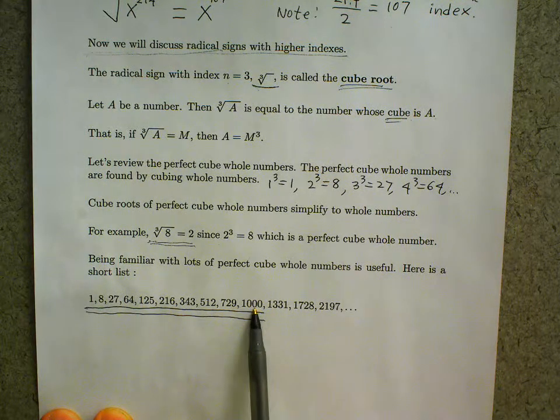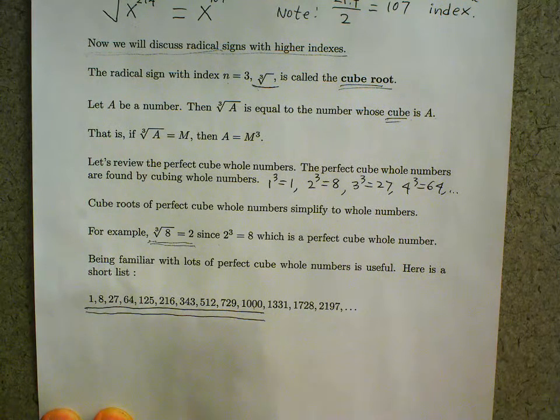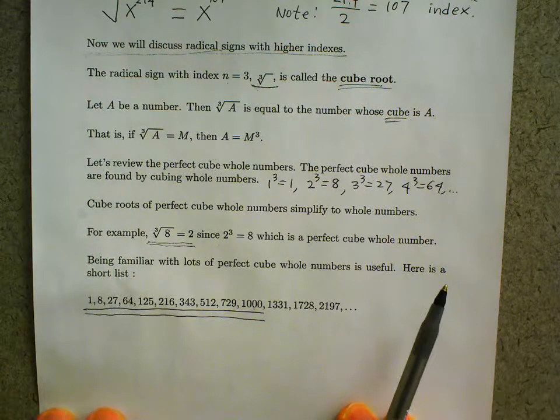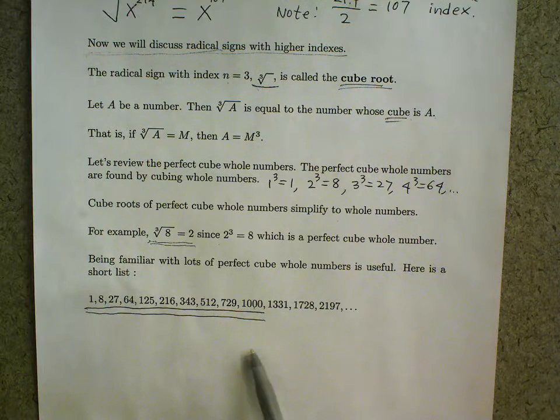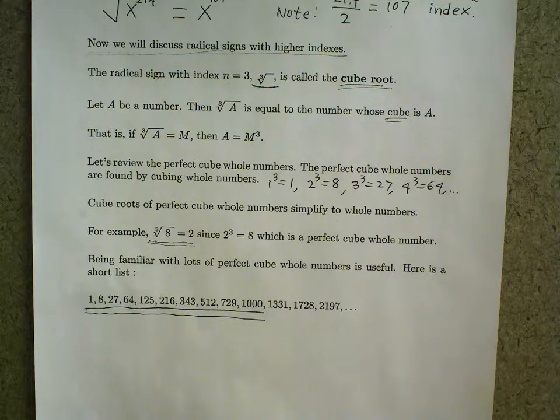So 1,000 is pretty easy to remember. That's just 10 to the third power, 10 times 10 times 10. And the other ones you could get familiar with practice. So there's only 10 of them. Okay, let's move on to the next page.